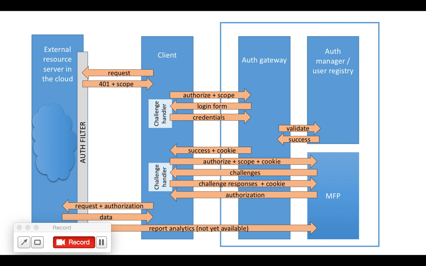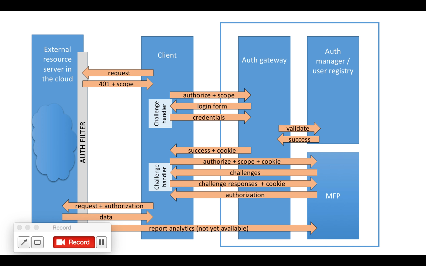It just knows that, hey, this request doesn't contain authorization information. That's it, I'm not letting it in. I'm returning a 401, and I'm telling you, if you want to get access, go get me an authorization header for that specific scope. So the client makes a request to get this authorization information, and there is a gateway in the middle.